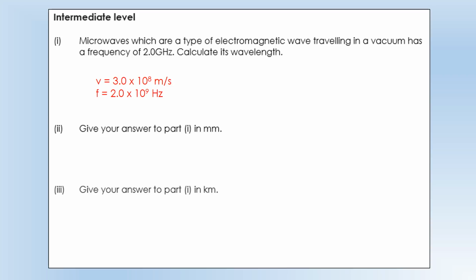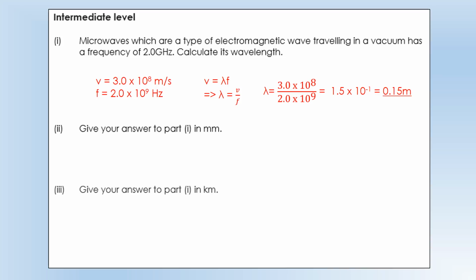So we know what the speed is, because it's an electromagnetic wave, and we know the frequency. So we want the form of the equation to calculate wavelength, and you can see I've put in 2 times 10 to the 9 for the frequency, because it says 2 gigahertz in the question, and giga means 10 to the power of 9. We plug those numbers into the equation.